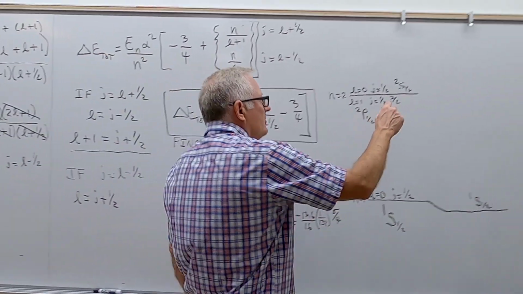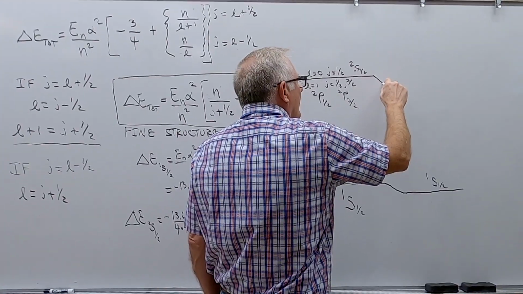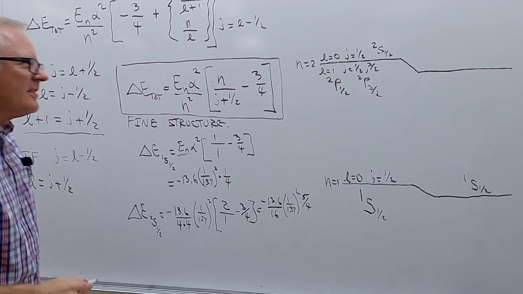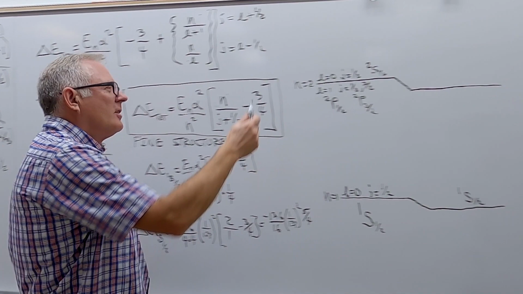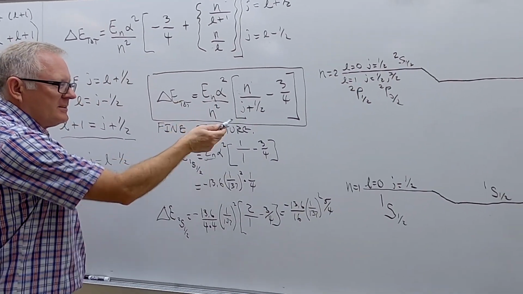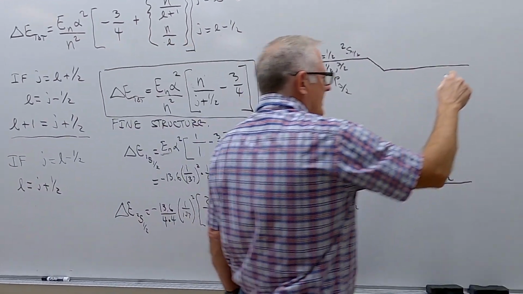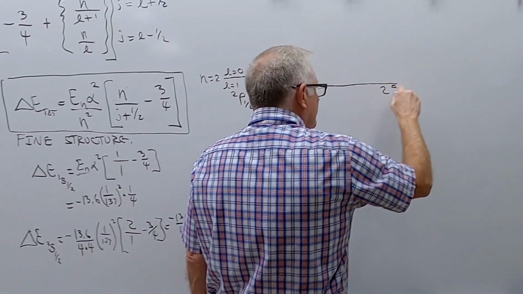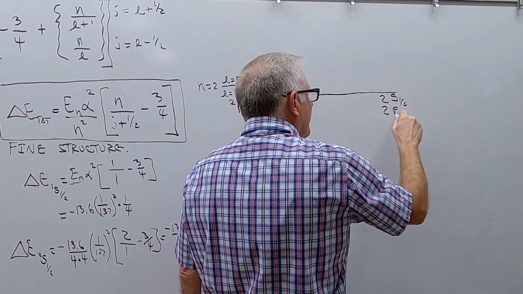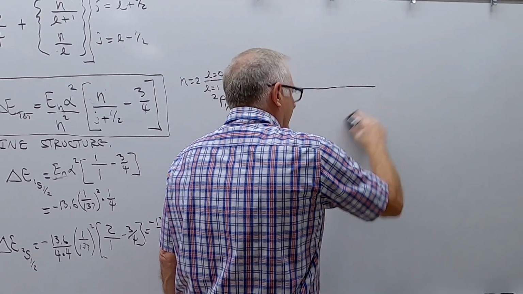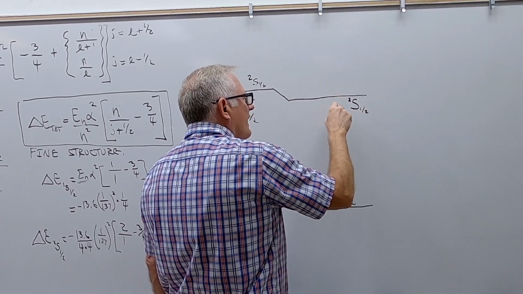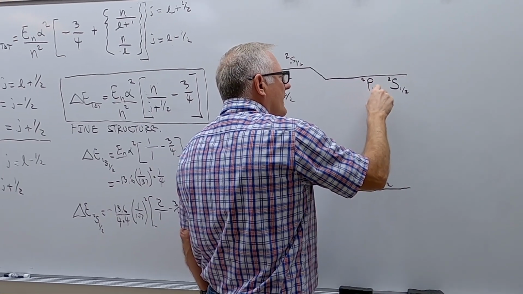So we've got this one coming down. We would have called that the 2s 1/2. It's going to be the same as the 2p 1/2 because the only difference is L and there's no L in there. So this is the 2s 1/2 and the 2p 1/2.